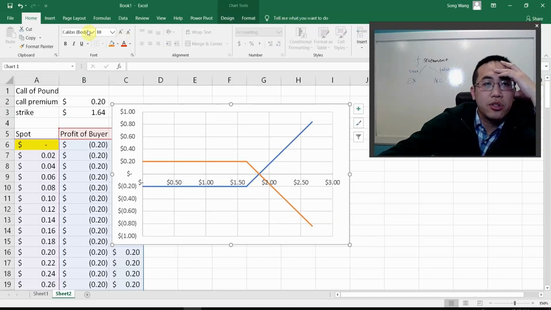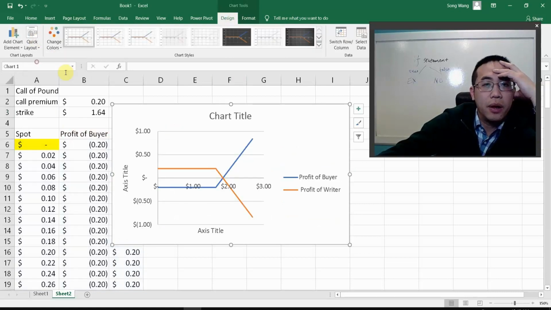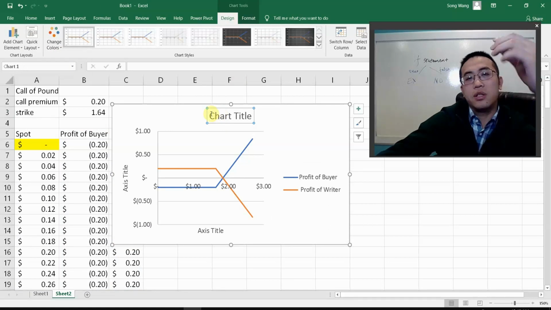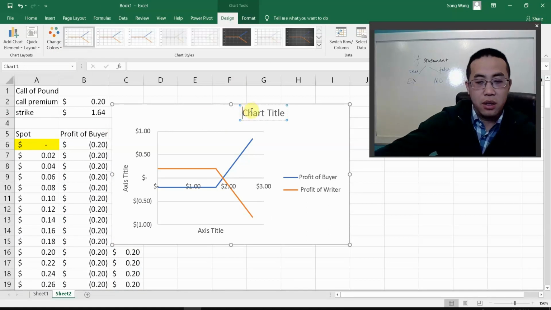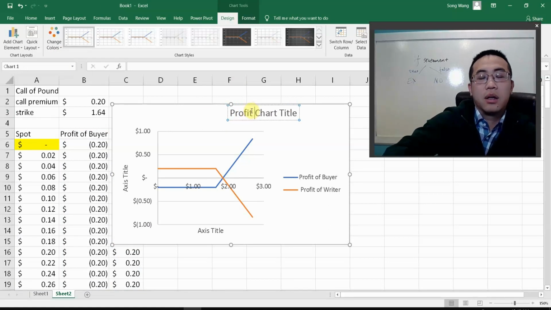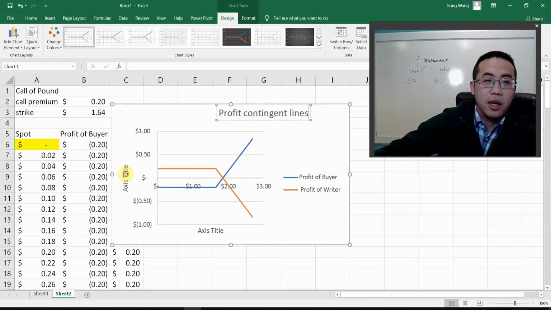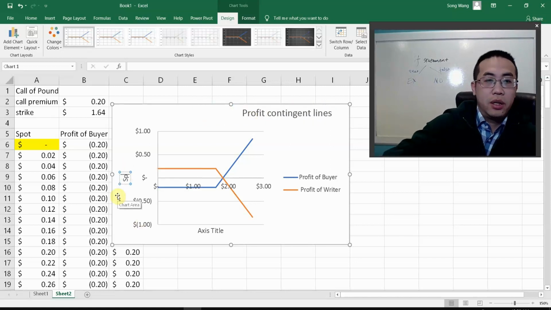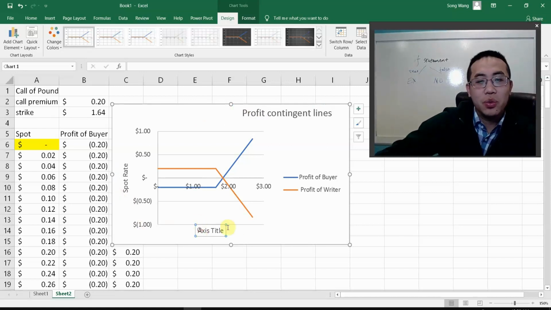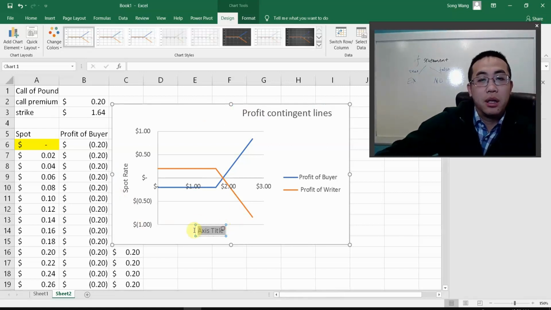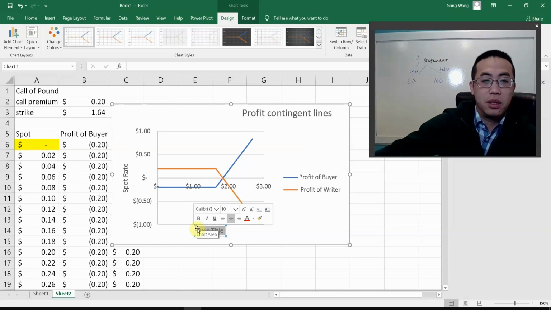And then to select the chart type, do a quick layout. So this should just say the profit curve. The x-axis would be the spot rate. And the y-axis would be the profit.